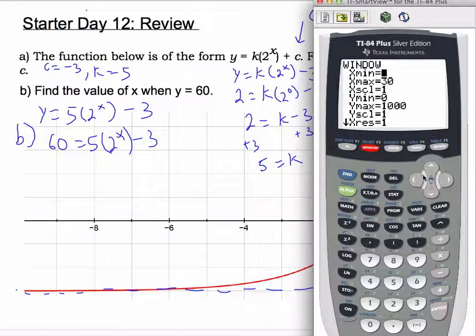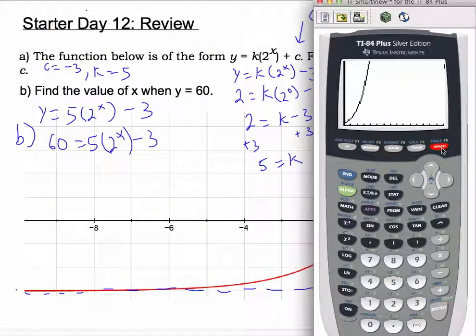So I'm going to change my window to go up to maybe 65, a little bit more than 60. And x values, I don't know how high I need to go for the x values. Exponential functions grow pretty quickly, so I probably don't need to go up to 30. Maybe I'll try 15. So graph that.